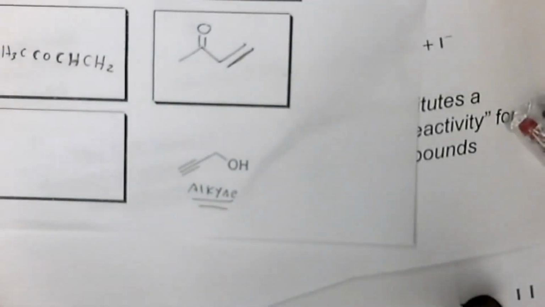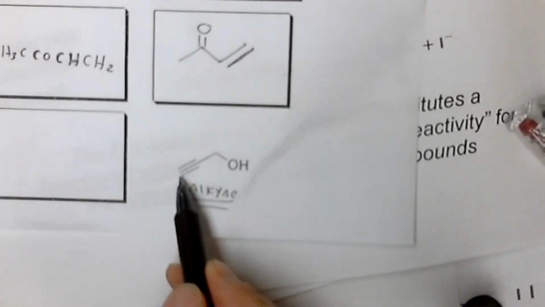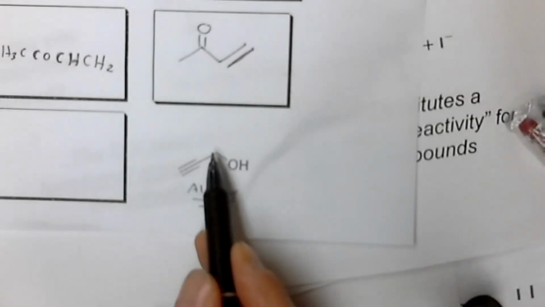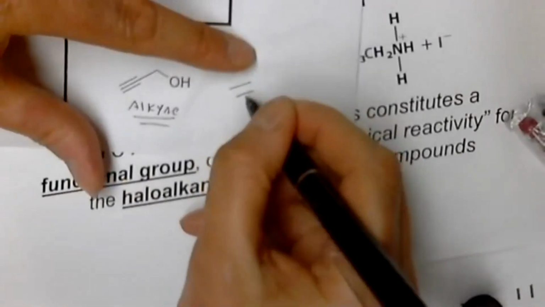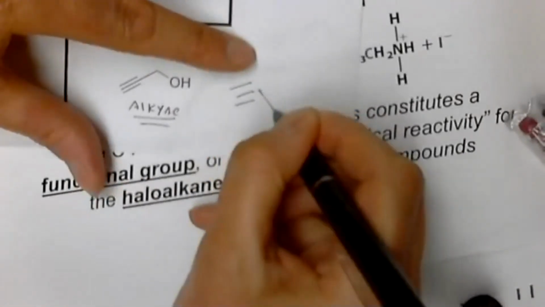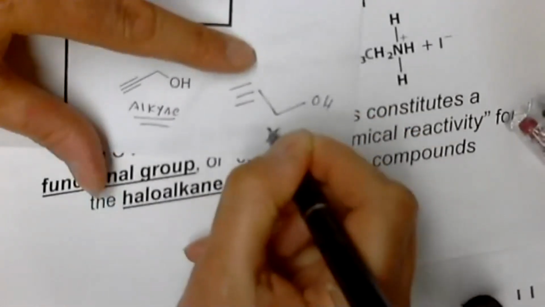Whenever you have an alkyne like this, which is a triple bond, you assume carbon, carbon, then there's another carbon off of it. And we never will draw this like this. Never. Don't do that.